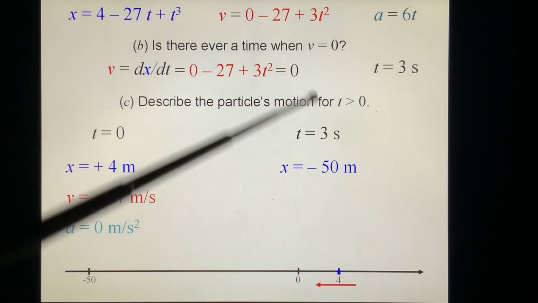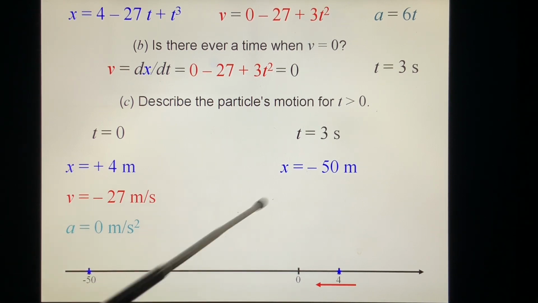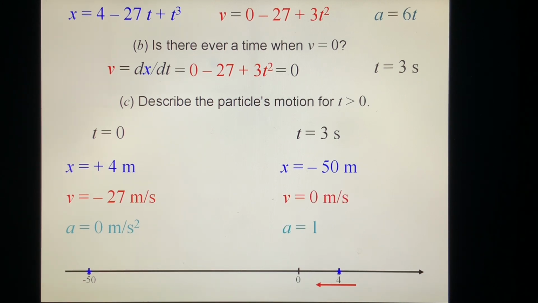And the velocity is 0. It goes slower, slower, slower, stops, and returns back, right? And the acceleration at 3 seconds is positive. Acceleration is always positive, so acceleration goes in this direction.